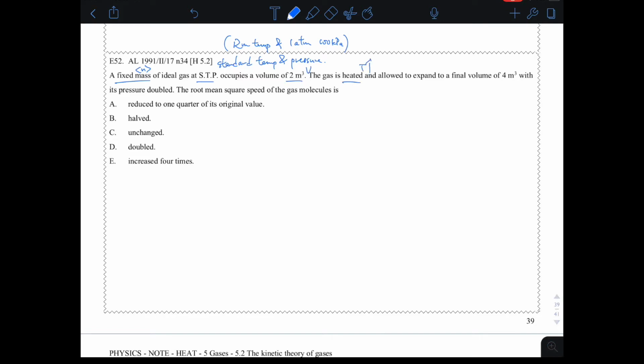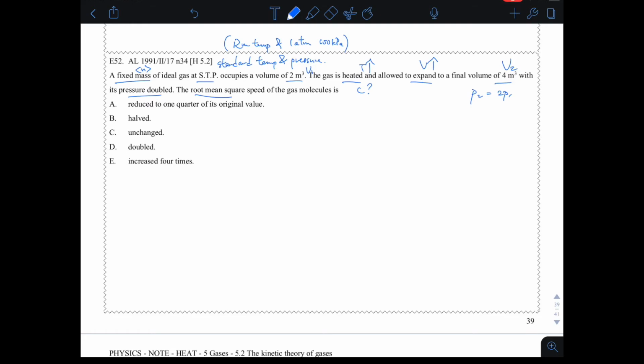And now we have the original V, now heated, temperature increases, and allowed to expand, volume increases, so this is the new volume, V1 and V2 here, with pressure doubled, so P2 is in fact 2P1. Then for the root mean square speed, we want to know how C changes here.